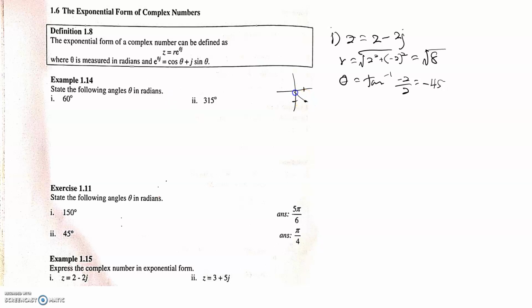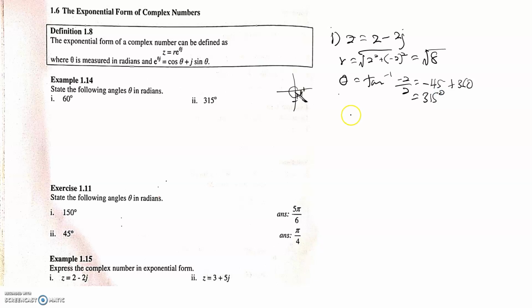So it's actually in the 4th quadrant, so minus 45 is this area, but we want this one. The way to do that is by subtracting it from 360, which gives us the actual angle theta of 315.